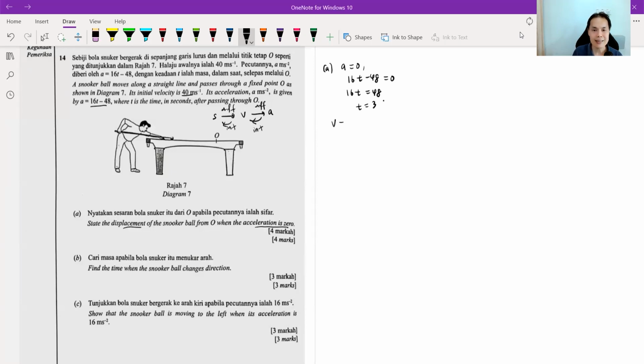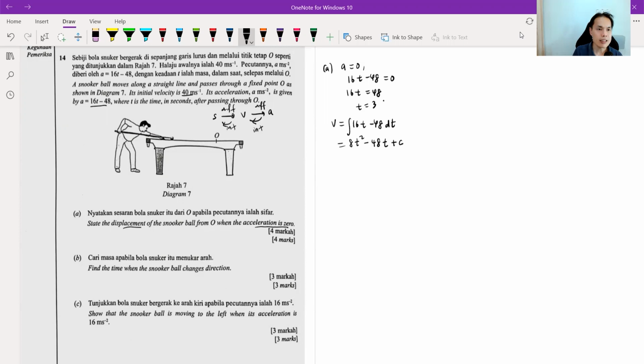So let's start by integrating 16t minus 48 dt to get your velocity function. Remember, in integration, we increase the power by 1, divide by the increased power. 16 divided by 2 is 8. 48, when you integrate, is negative 48t plus c. I need to find the value of c.